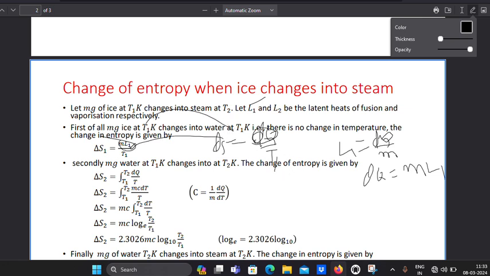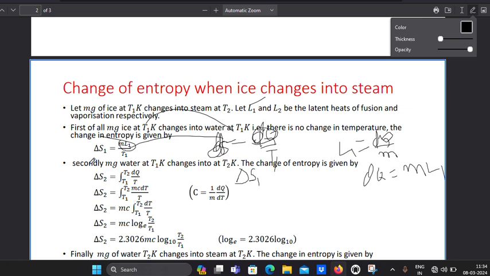Finally we got mL1 by T1. This is how it comes: dQ is equal to mL1, so mL1 is substituted. That is the first one. Next, the second one, and let it be delta S1. dS can sometimes be written as delta also, for a very small quantity of entropy.